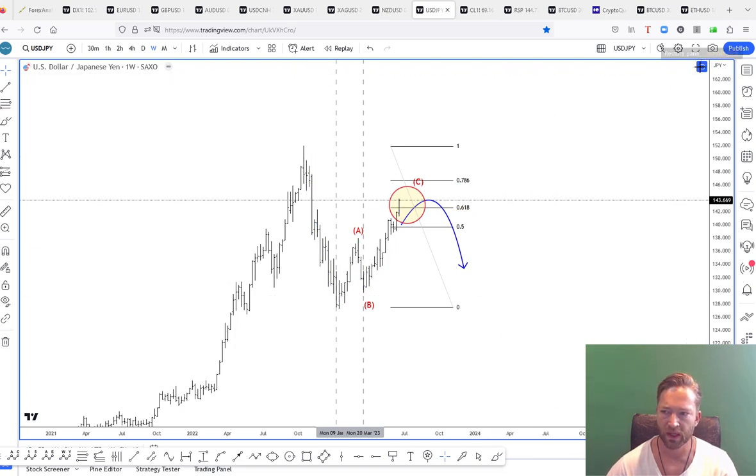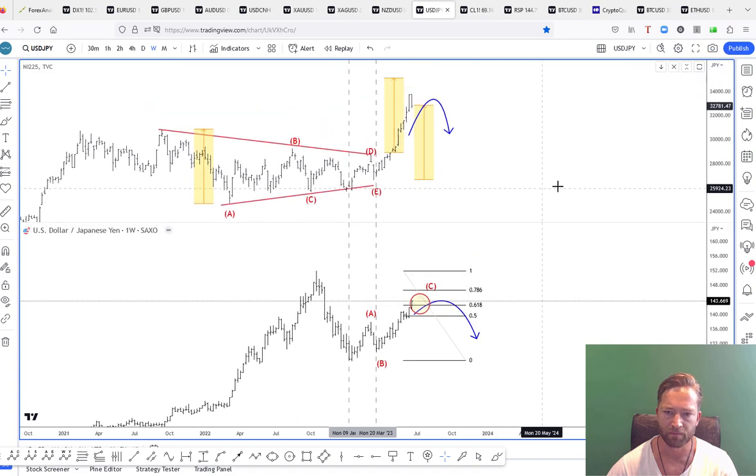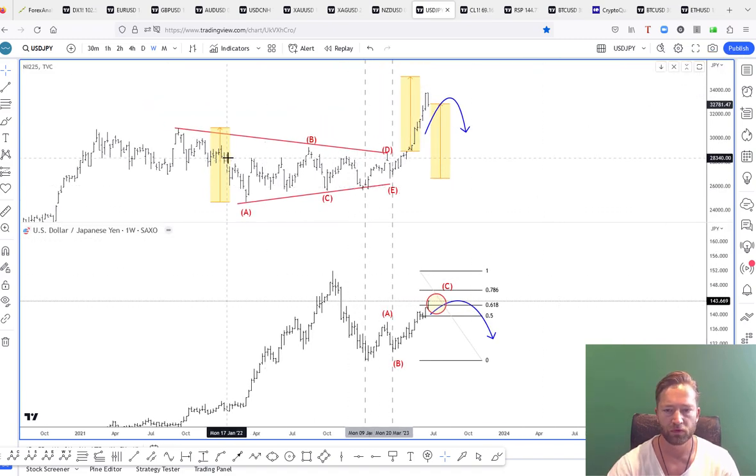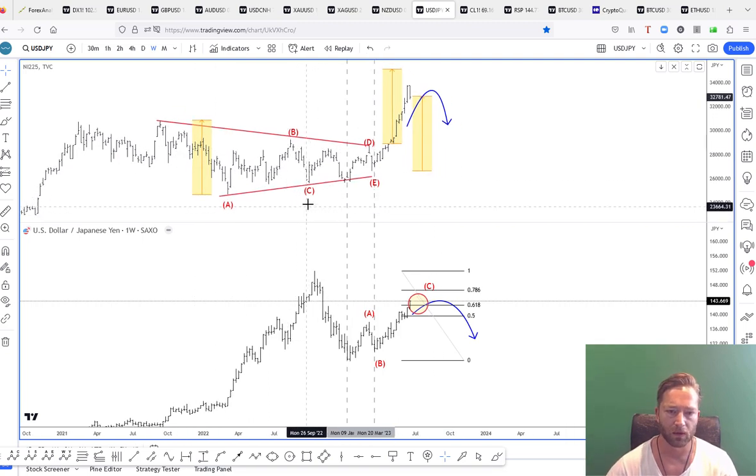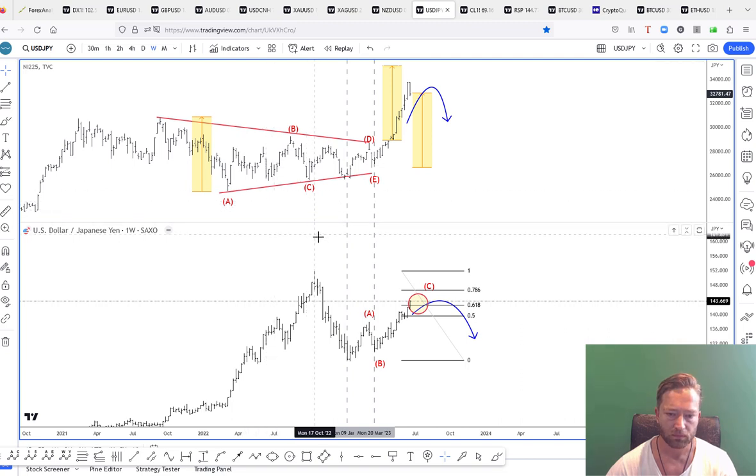What we should pay attention to is also Nikkei. Keep in mind that through most of 2022, Nikkei and dollar yen were in different correlations because of different policies from Bank of Japan and the Fed, and stocks also have their own sideways flows. But when interventions from Bank of Japan stepped into the market, we saw a strong sell-off on dollar yen.